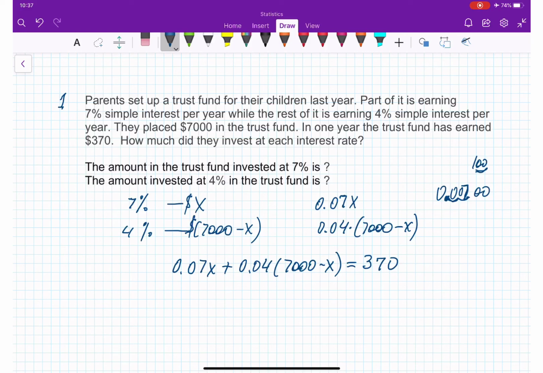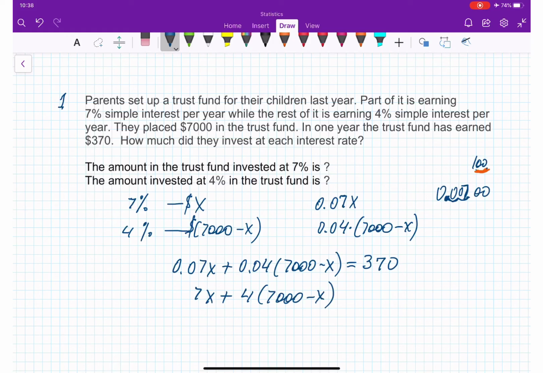What we're going to do? Since I have here 2 decimals, I want to get rid of decimals, and since both decimals have 2 positions, I'm going to move 2 positions, meaning multiply by 100. Right here I showed you: positions you count based on zeros. So 2 zeros means 2 positions. So 0.07, I have to multiply by 100 to get 7, right? So I'm going to get 7x plus 4 times (7,000 minus x).